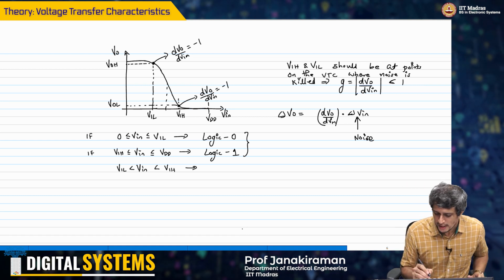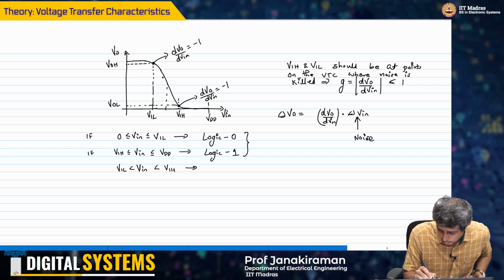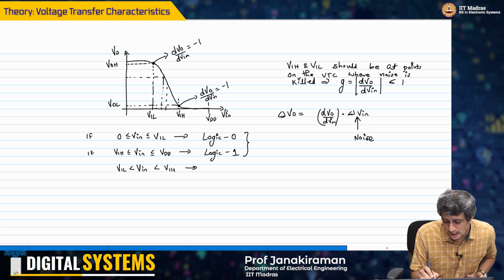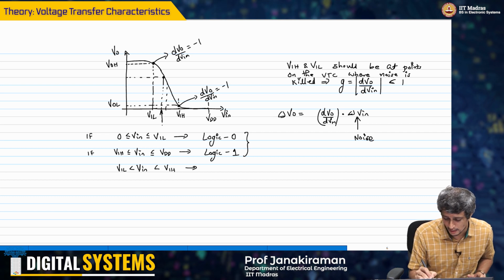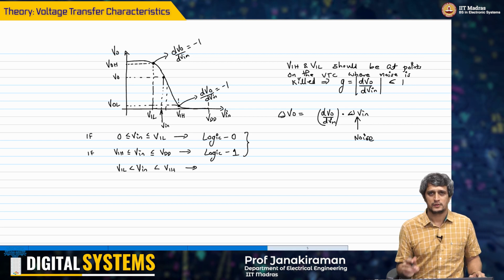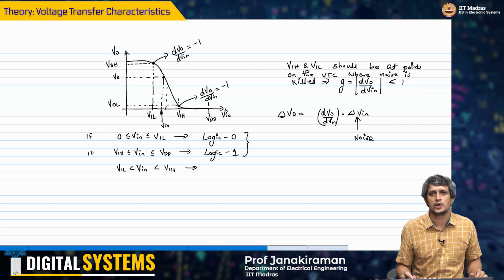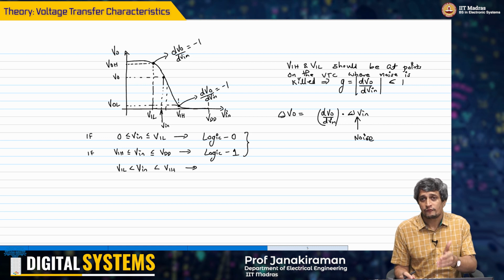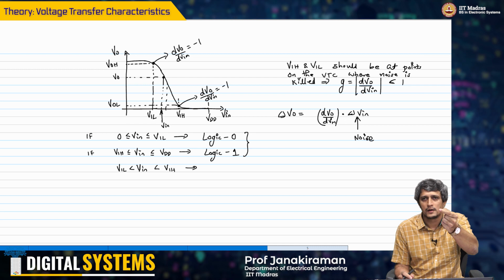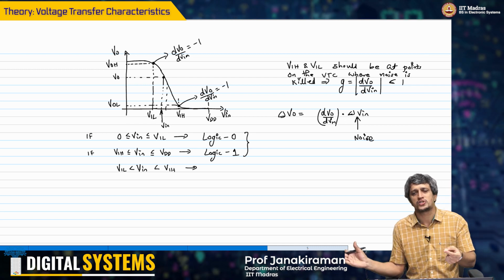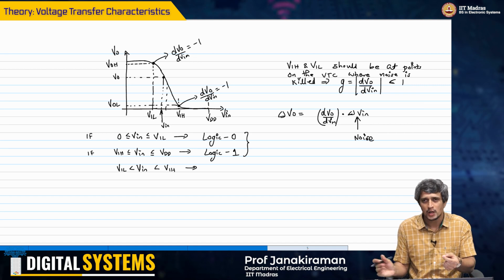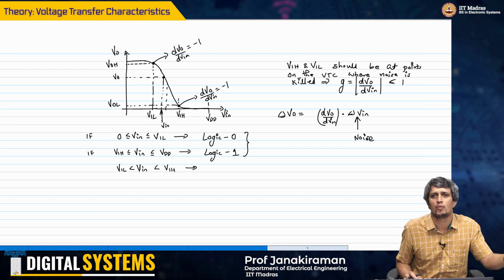If I apply an input here, you might think that you will get the output here. That's what the voltage transfer characteristics tell you. But the moment I apply some noise, that output can either go to 0 or 1. If you apply a positive noise there, the output will go to 0. If you apply a negative noise, the output will go to 1.